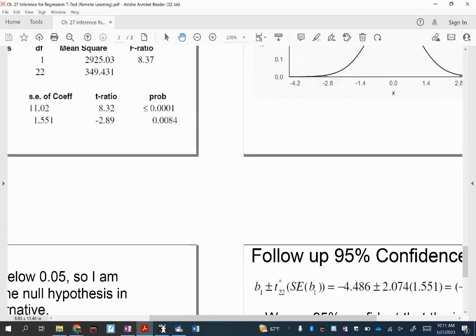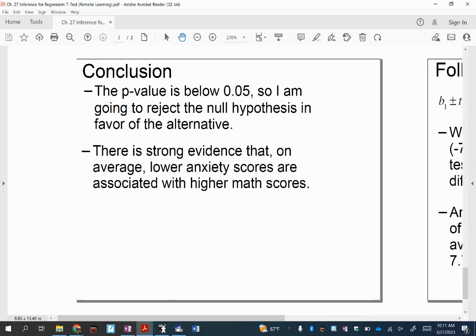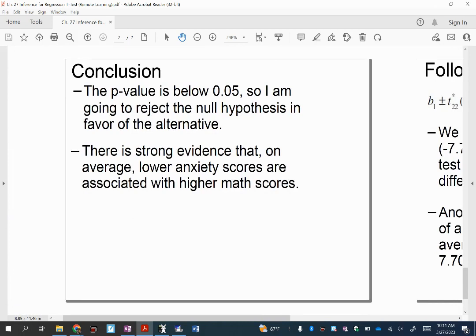So you'll notice in my conclusion, I'm going to go with the alternative that there is a linear association between these two quantitative variables. All right, so we are saying, right, if your anxiety increases, we expect your test score to go down, or vice versa. If your anxiety decreases, we expect your test score to go up.